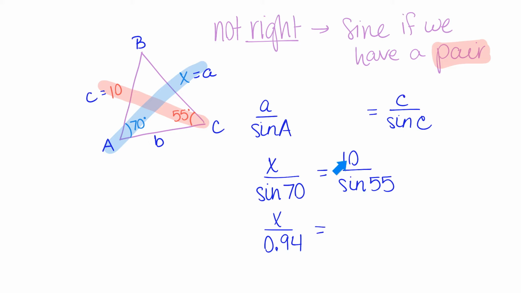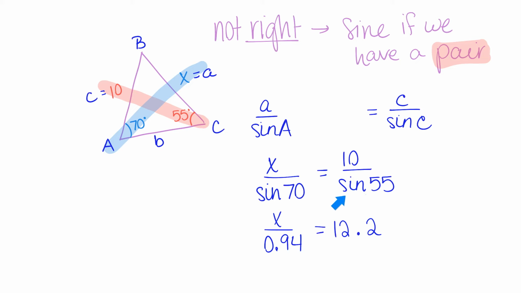I'm going to be really smart about this and do that all as one big step in my calculator: 10 divided by sine of 55, and you should get 12.2.